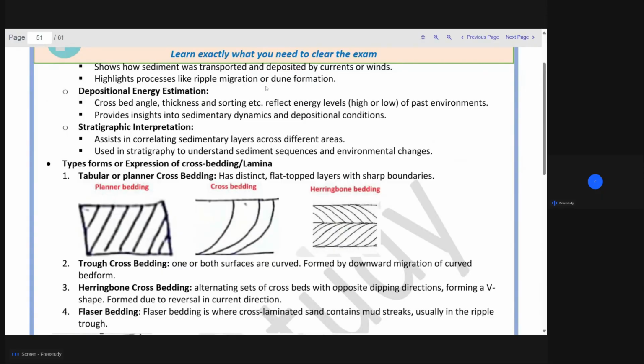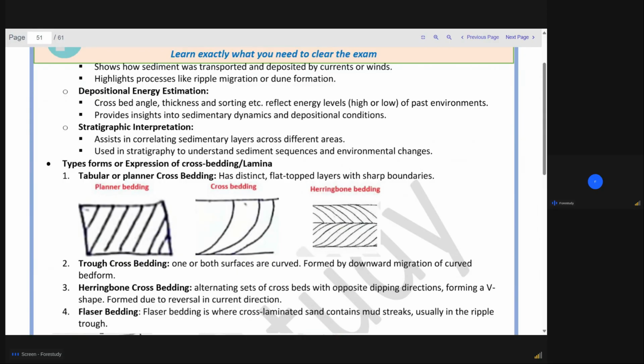Okay. This is a small topic for you guys. The syllabus is not so vast for ripples and dunes, but ripples and dunes are a very important topic for sedimentologists, because there can be a lot of different kinds of ripples. Sometimes there can be ripples where not only the lee side but also the stoss side gets preserved.